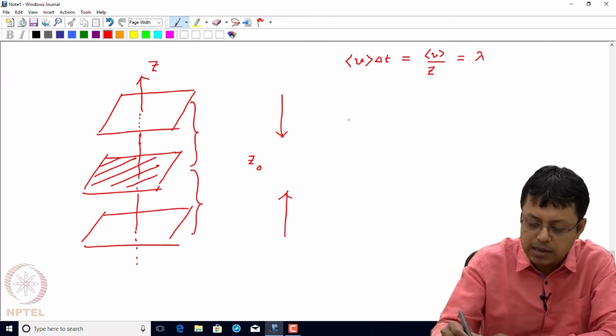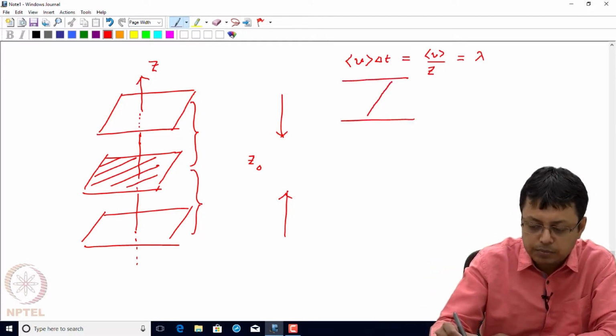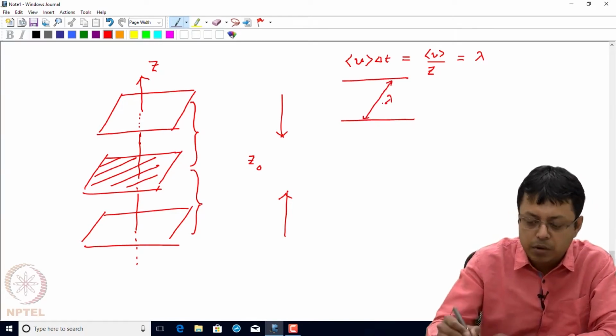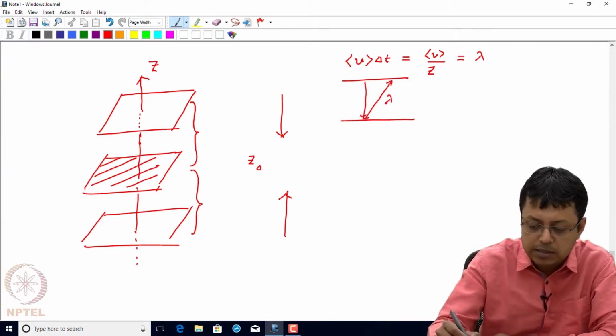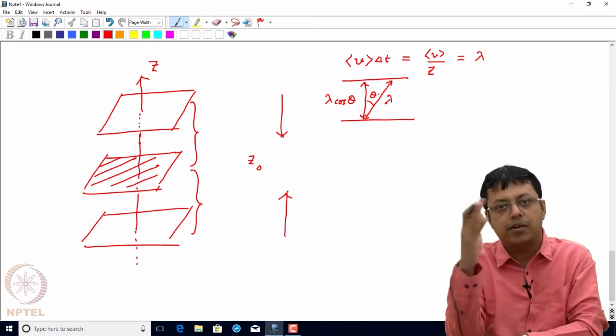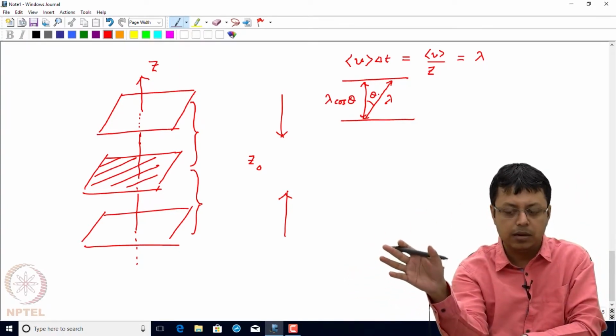Suppose this is the distance between these two layers, and all I know is that this is lambda, but what I want to calculate is the vertical distance, which in our definition is lambda cos theta, because this was the theta. Then again I have to think that there is an average over these thetas, so I have to calculate the average of that mean free path.